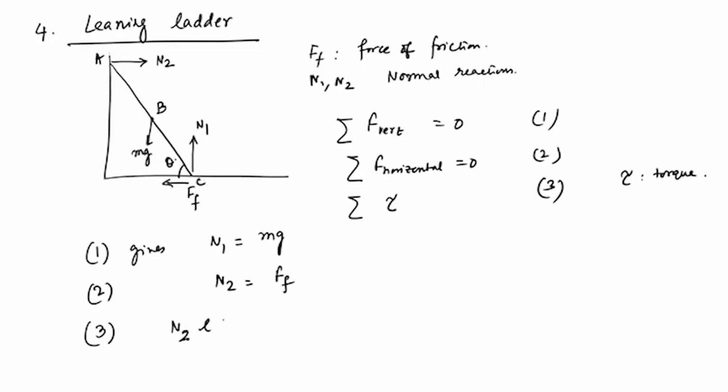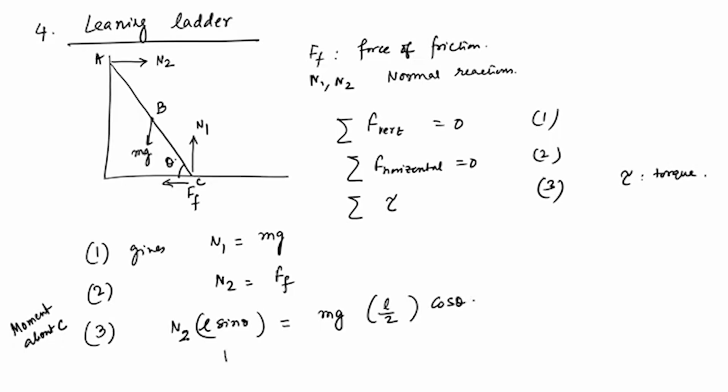So N2 into L sin theta, because theta is the angle, equals mg multiplied by L by 2 cos theta.